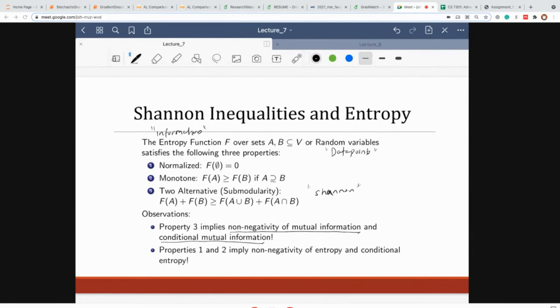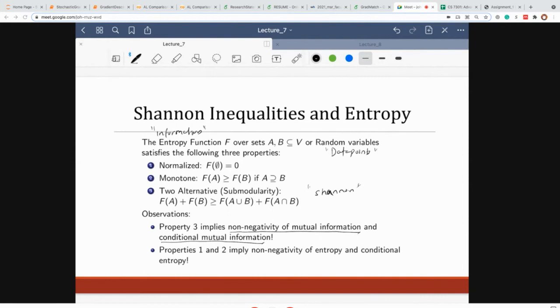Now, I'll say one more thing: when you have continuous random variables, it's not necessary that your entropy functions are monotone. Think, for example, of the entropy of a Gaussian random variable. It can be non-monotone, and in fact, it can even be negative in certain cases.